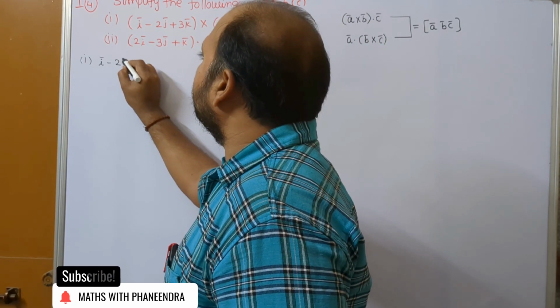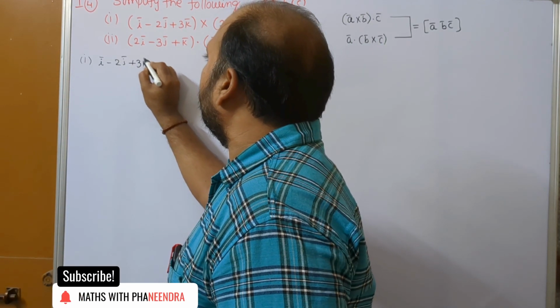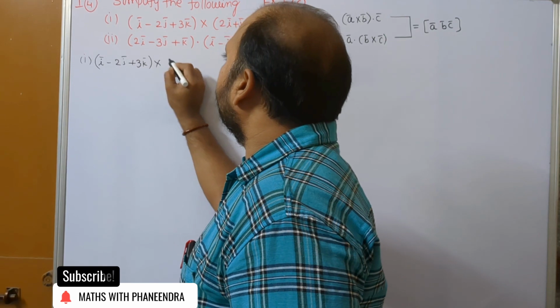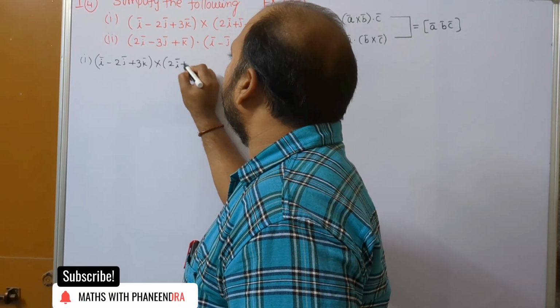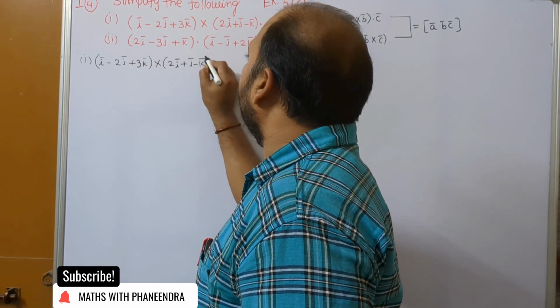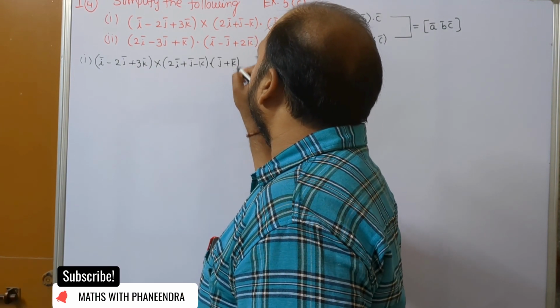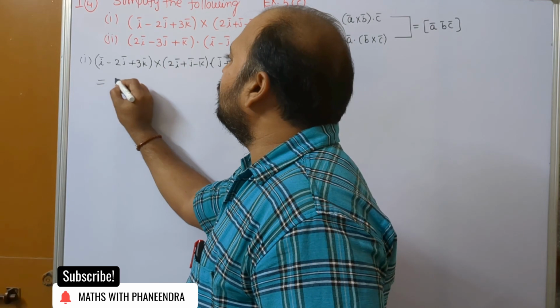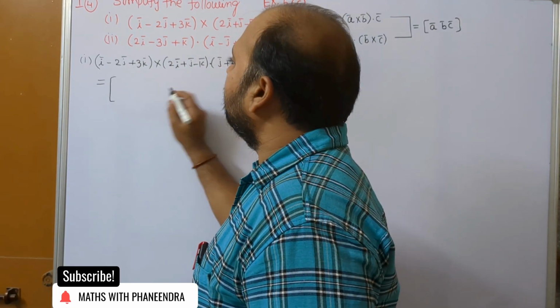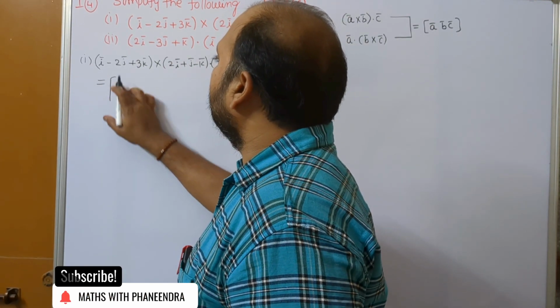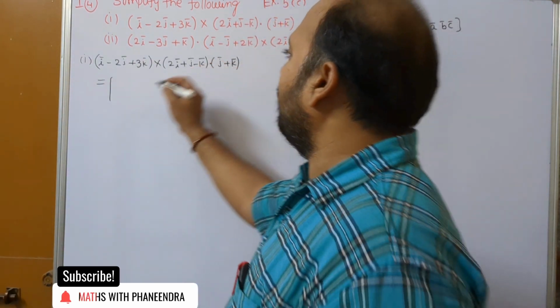(i minus 2j plus 3k) cross (2i plus j minus k) dot (j plus k) is equal to box of these vectors.